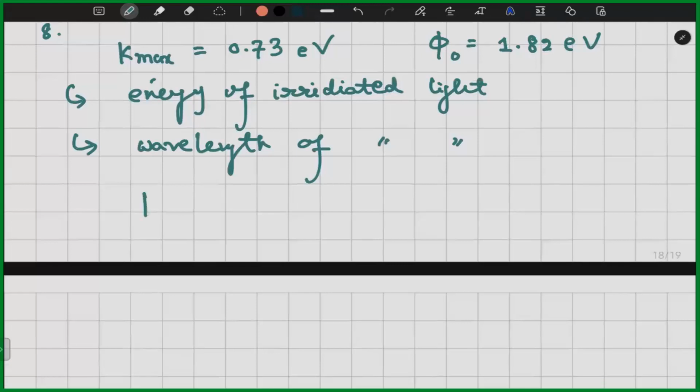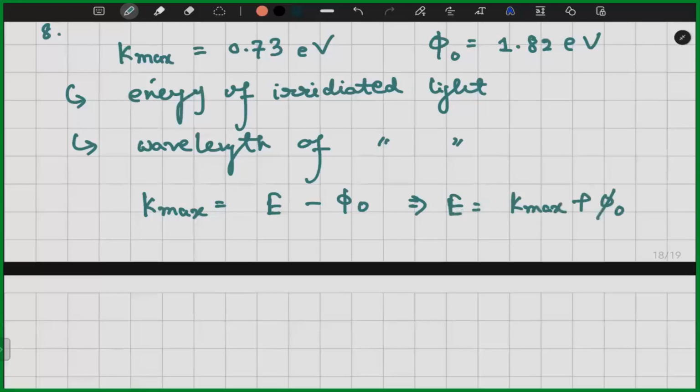We know that Kmax equals to h nu minus phi 0. H nu is the energy of the irradiated light, so we can write it as E. So we have to find the E. So E will be Kmax plus phi 0, because we know the energy of the irradiated light is used to kick out the electron.